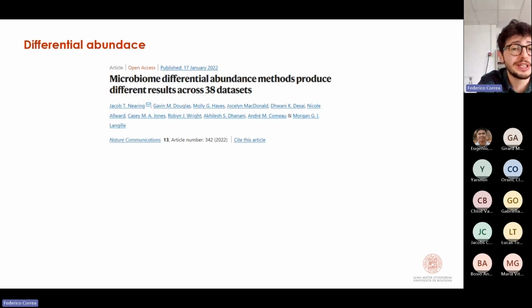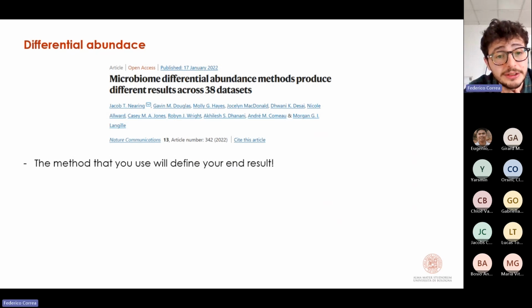So here, what we want to see is the differences in the abundance of a specific bacteria, a specific taxa. The method that you use in this case will define your results. And that's the biggest problem, because depending on the type of normalization of your data, depending on the tool that you use, you will have a different result.